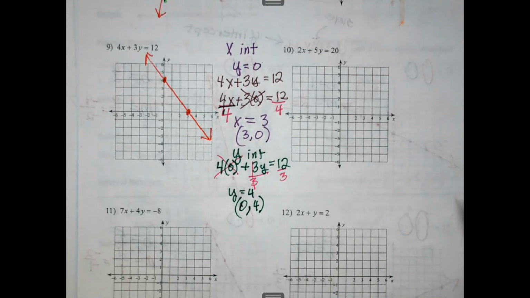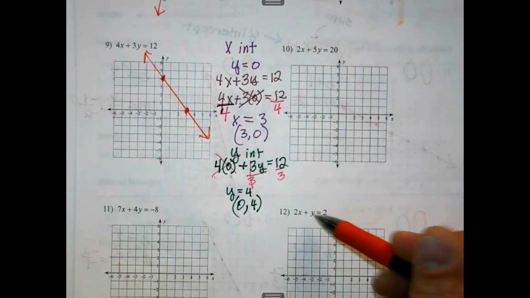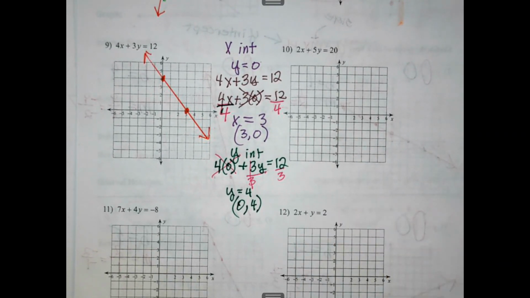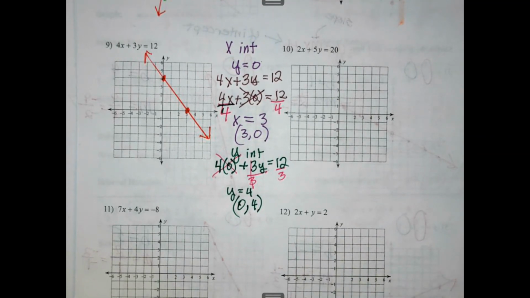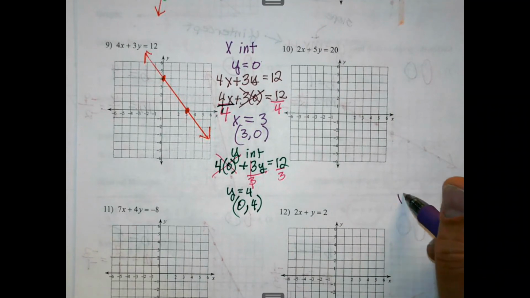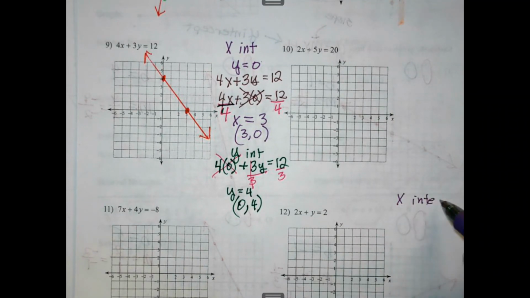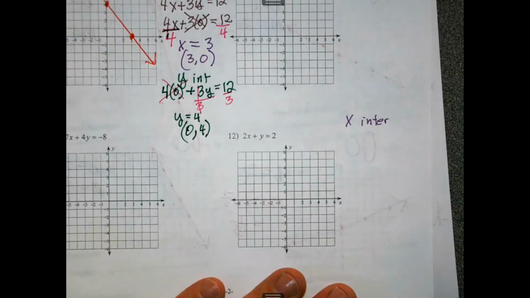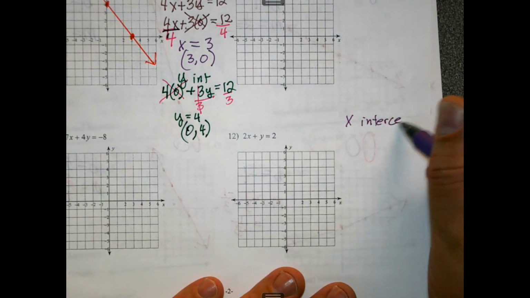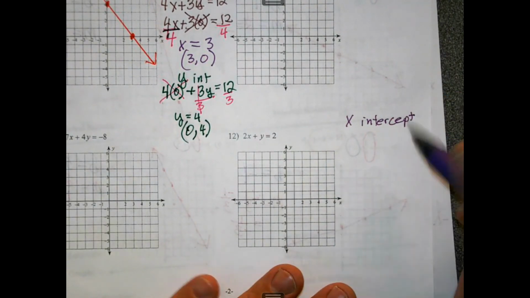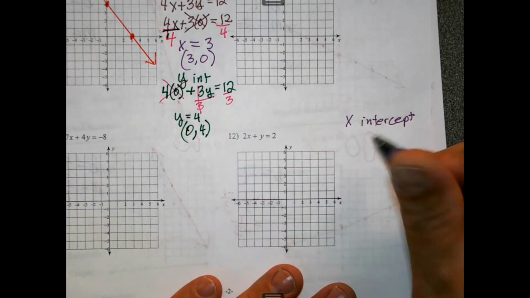Let's look at number 12, just because there's no coefficient for y. I want to see if it's different. So for my x-intercept, let's see, I want my y to equal 0.